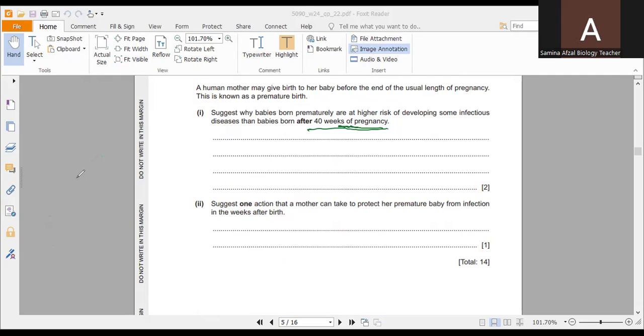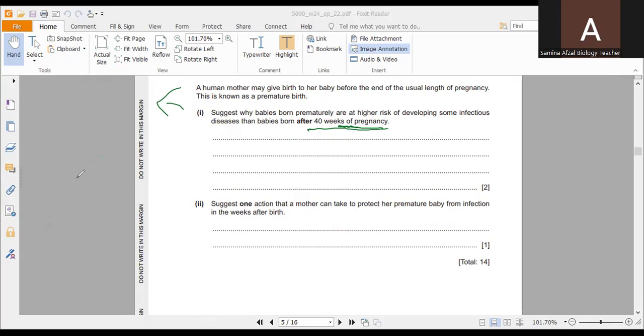Because when they are inside the body of the mother, their mother's immune system saves the fetus from many different types of infections, because at that time they are using the antibodies which are present in the blood of the mother. So in this way, they are safe before birth.